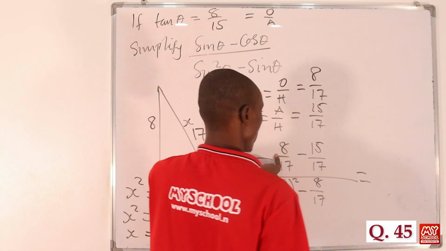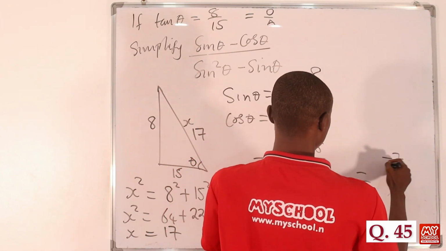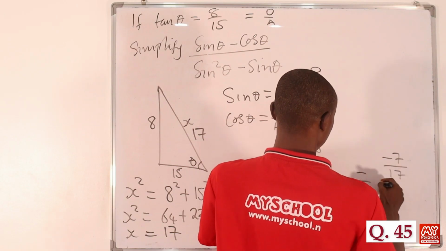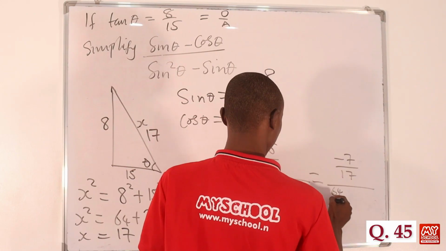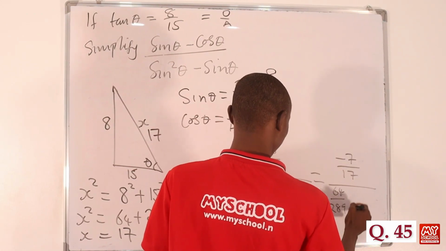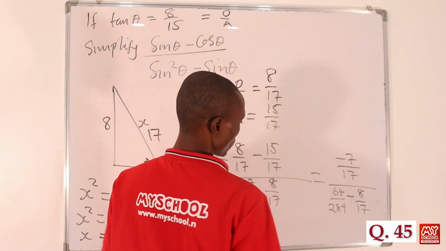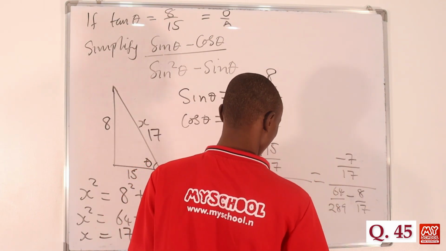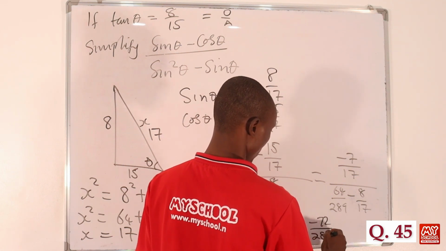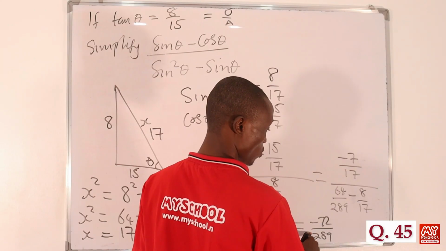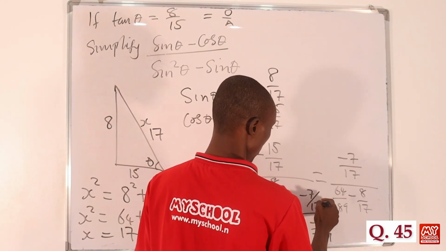Let's simplify the numerator. In this case, we have minus 7 all over 17, while under it we have 64 all over 289 minus 8 all over 17. If we work on this, that will be equal to minus 72 all over 289. This is the value for the denominator. So let's return to our numerator, which is minus 7 all over 17.